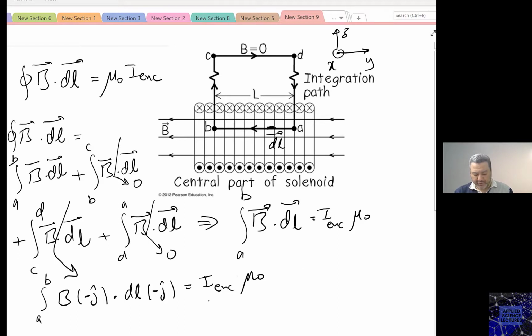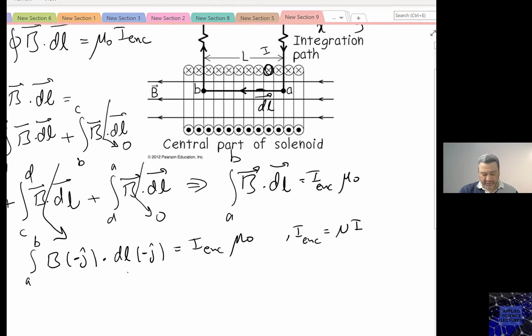Now I enclosed is indeed the current. Every turn, every cross section here defines a current I. So I enclosed is basically the number of turns, one, two, three, four, whatever the number of turns, times I. So this is the I enclosed.